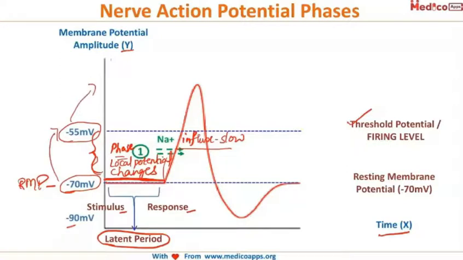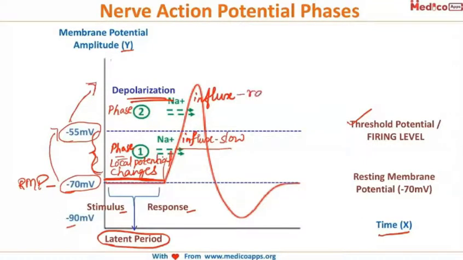Whenever the cell fires from minus 55 millivolts and above, this is termed phase 2, the phase of depolarization. This also has nothing but influx of sodium ions, but as opposed to phase 1, the local potential changes phase, this influx is rapid. This is the characteristic of the phase of depolarization.